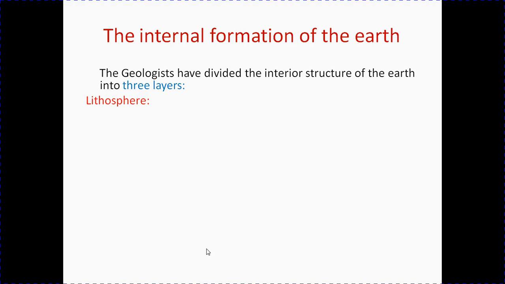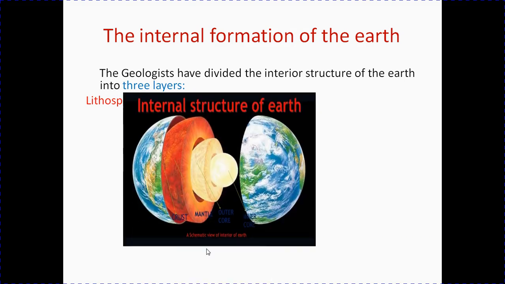Next topic is the internal formation of the Earth. The geologists have divided the interior structure of the Earth into 3 layers: 1. Lithosphere, 2. Mantle, and 3. Centrosphere or core. This picture will show the different layers of the Earth's interior.